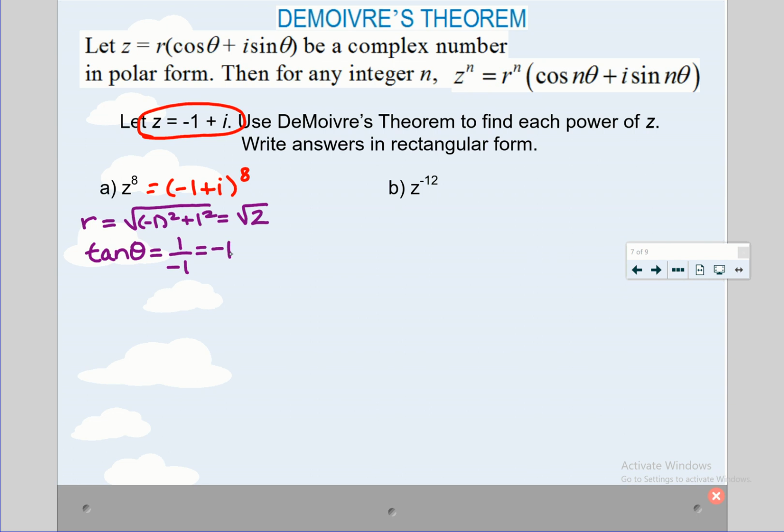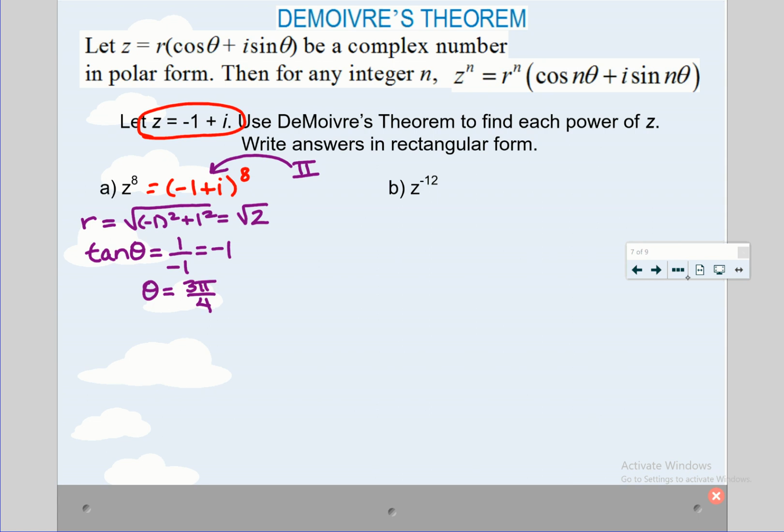So we're trying to figure out, where do I have a tangent of -1? Remember, you can think about what quadrant you're in. If I were to graph -1 plus i, what quadrant would that be in? Quadrant 2. So where in quadrant 2 do we have a tangent of -1? 3 pi over 4. You can do radians or degrees. It doesn't matter because this isn't your final answer anyway.